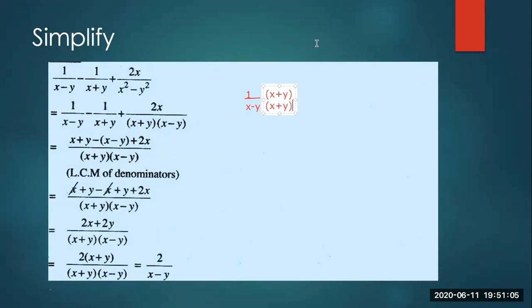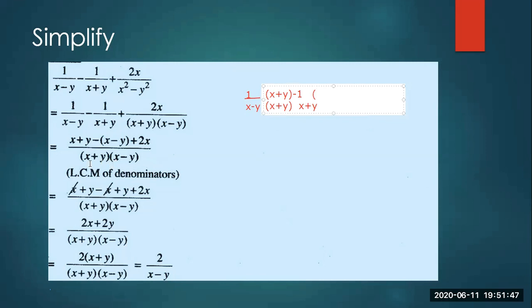Second, minus 1 over x plus y. In the second fraction, x plus y is there, but x minus y is not.